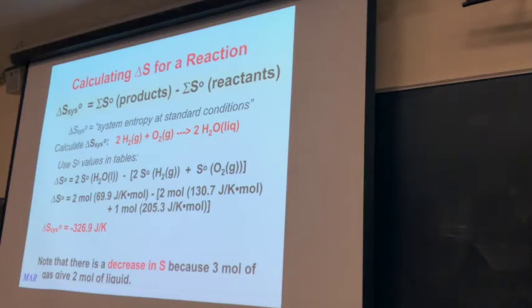If you look at this reaction long enough, I can think of at least 2 reasons why this reaction should have a negative entropy change. One of the reasons is we have 3 moles on the reactant side. 2 plus 1 is 3. And those 3 moles are going to 2 moles on the right side. So 3 going to 2 is more ordered, all right?